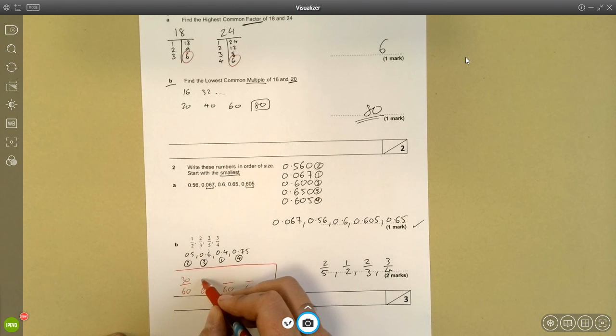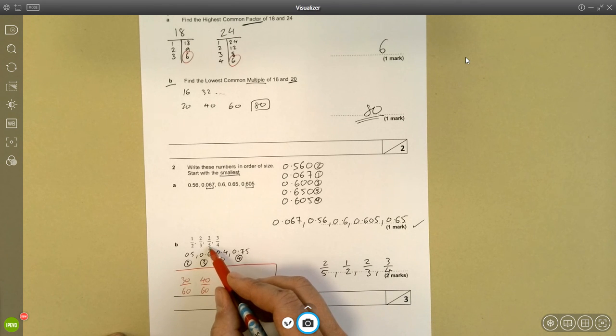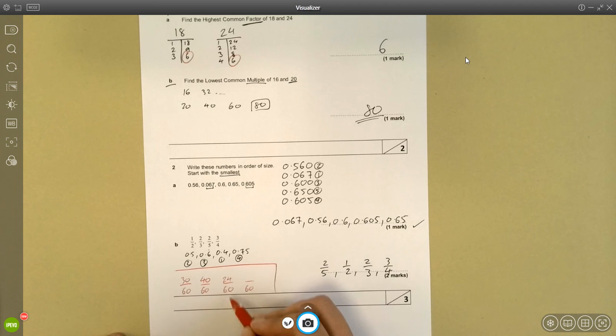So that's going to be 40 there. We're going to have to multiply this by 12, so we're going to get 24. And then we're going to multiply this through by 15. So we're going to get 45. And then we've got our ordering again. We'll look smallest to biggest as before.